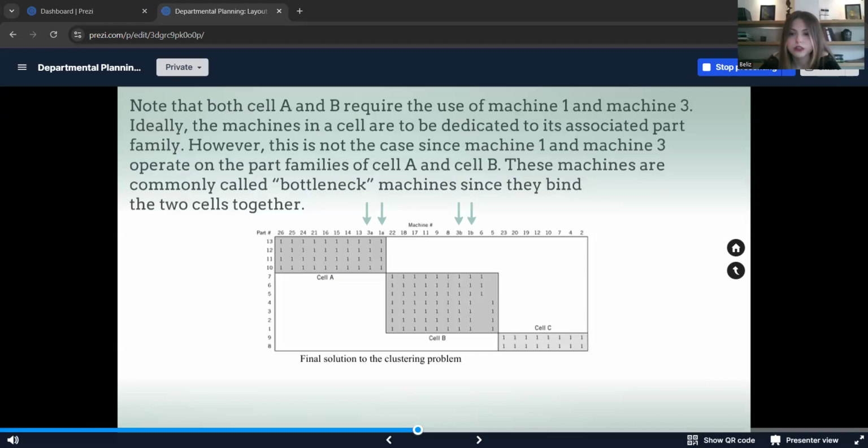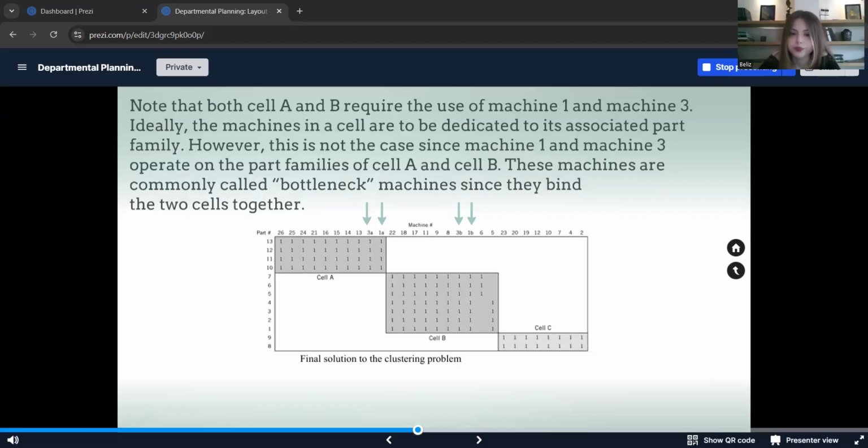A common practice is to address either the parts of a particular part family that go to these machines, or the bottleneck machines themselves. The parts can be removed from the part family, redesigned to operate on other machines within their corresponding cell, or outsourced.